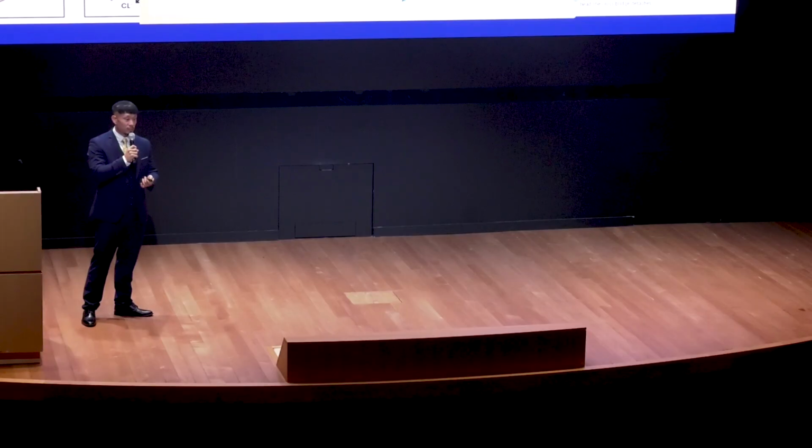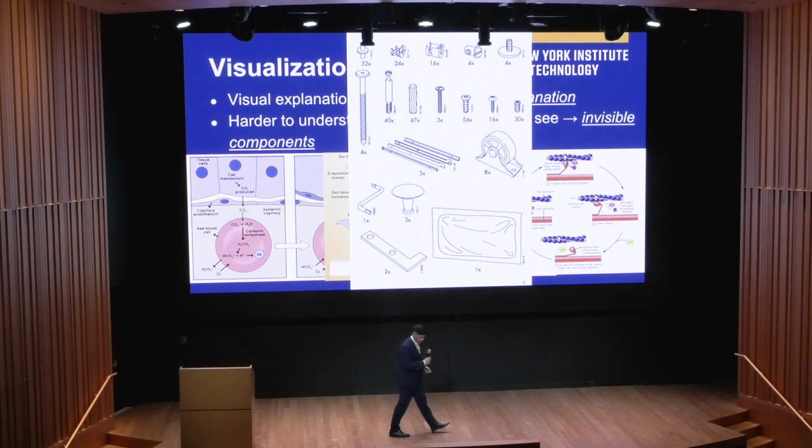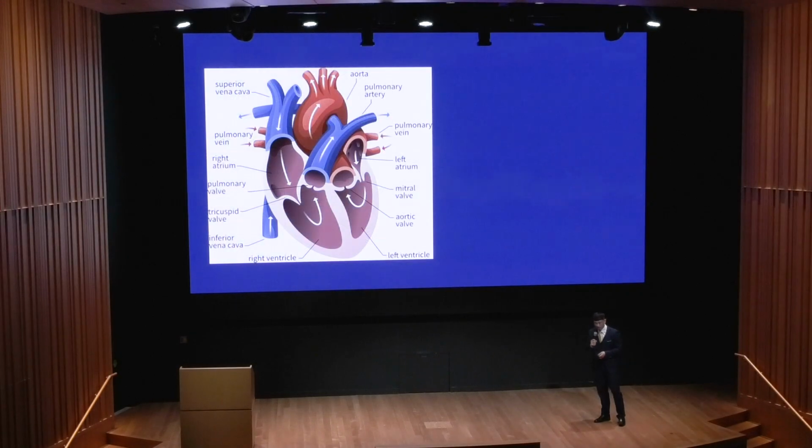Now, you might be able to do it, but I bet it'd be a lot faster and a lot easier to understand if you use those images they give you, especially when there's 5 different types of screws you have to worry about. Now, I want to give you guys another example, something that you all probably learned about, and something that I briefly touched upon earlier in this presentation, and that is the blood flow of the heart.